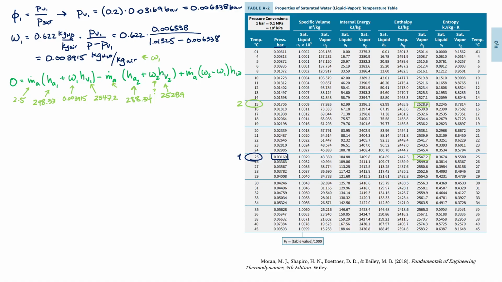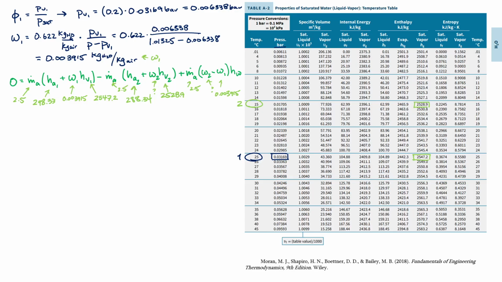Mass flow rate of air is still 2.5. Omega 2 is still what I'm trying to solve for. That's the same omega 2 as we saw earlier. Omega 1 is this value from right above here of 0.003915. And for the enthalpy of our water, we weren't given a ton of information about this.